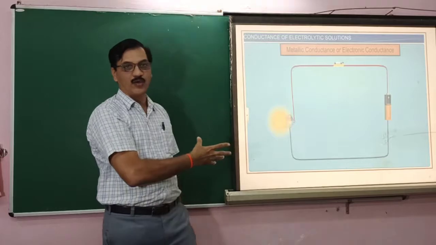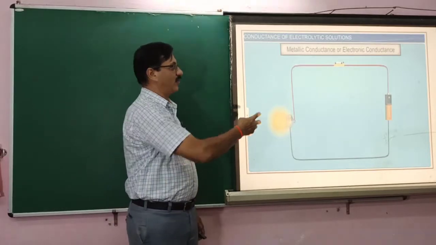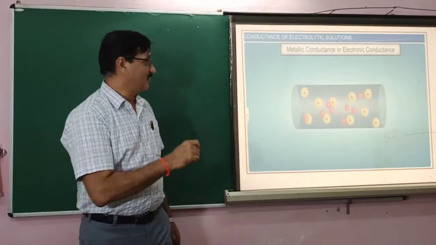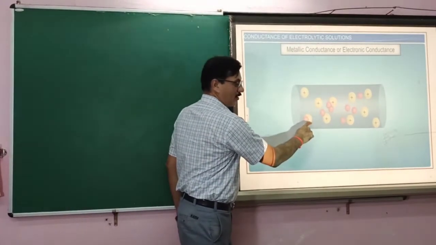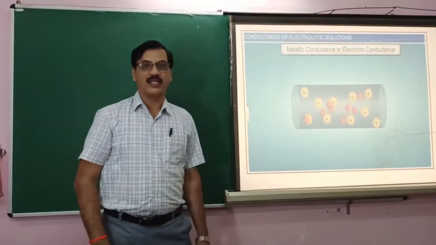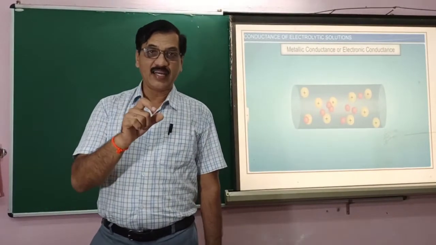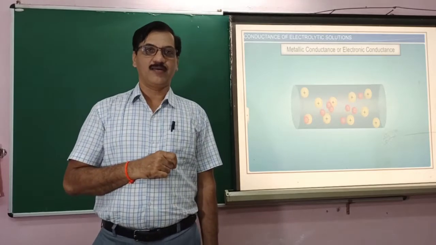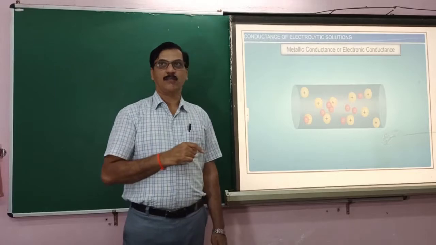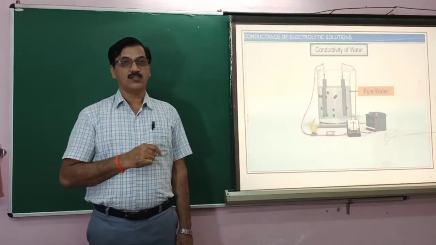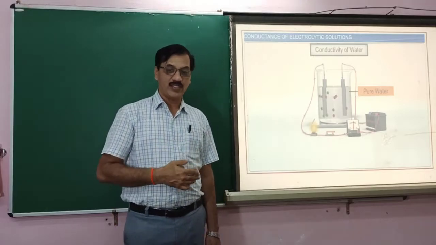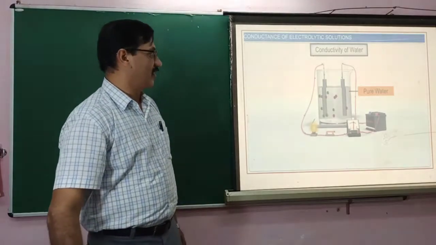This glow is due to conductivity of electrons through this wire. Right? So this conductor contains positively charged kernels and mobile electrons, and these electrons are responsible for conductivity of this particular metal.